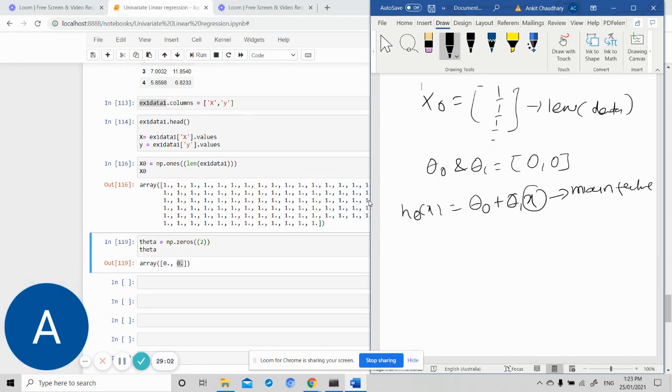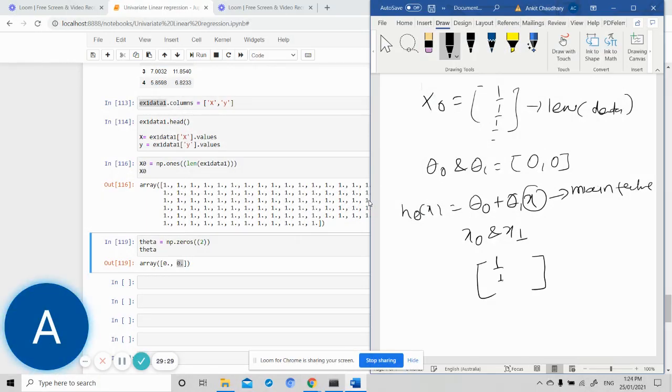Okay, so what we need to do now is combine both x naught and x1 in one array.